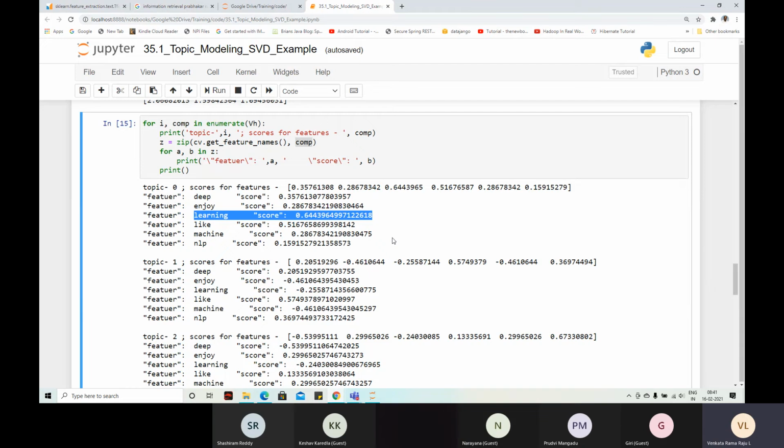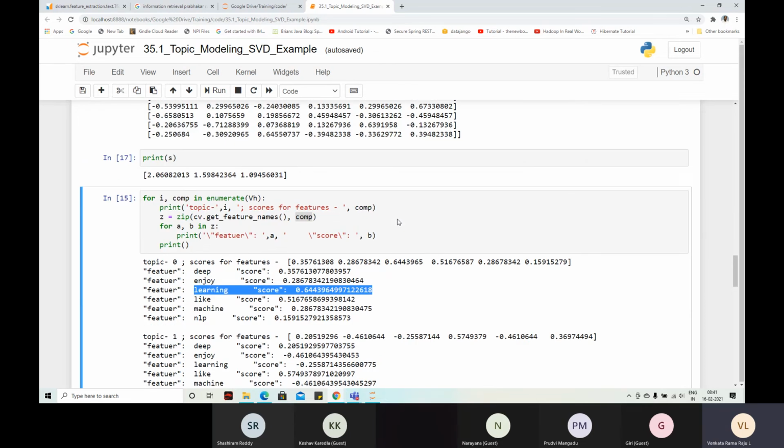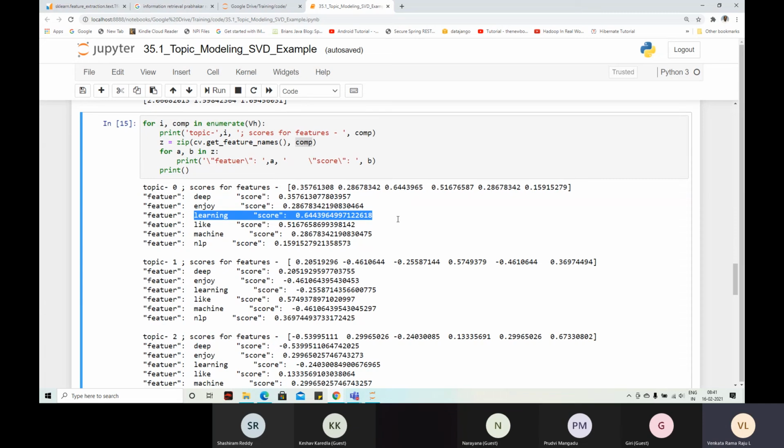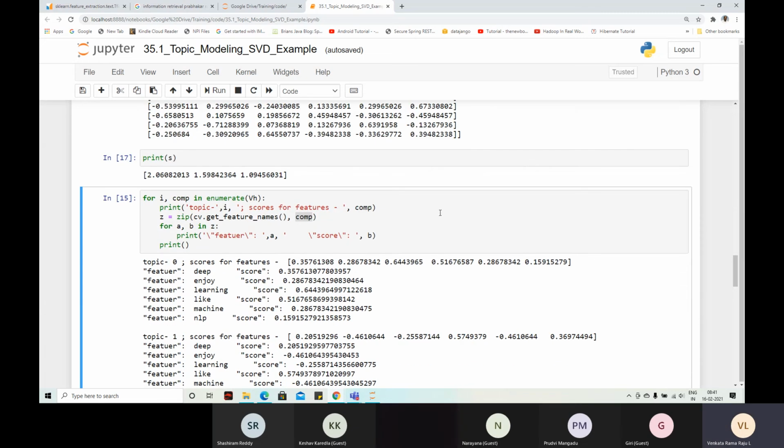Today I tried to show a simple example. I'll upload this and have a look at it, and you'll understand what I was talking about. There is nothing in there. We just applied SVD and took the scores and tried to say the importance of the total topic of the total documents.